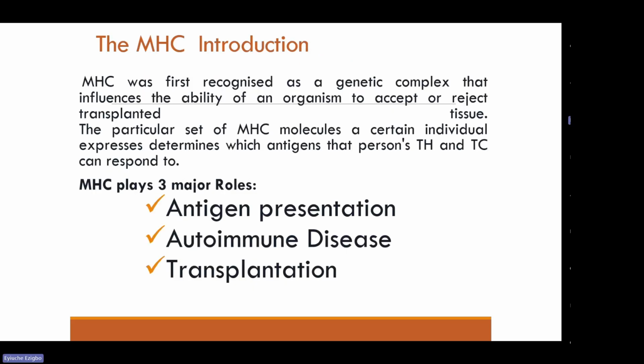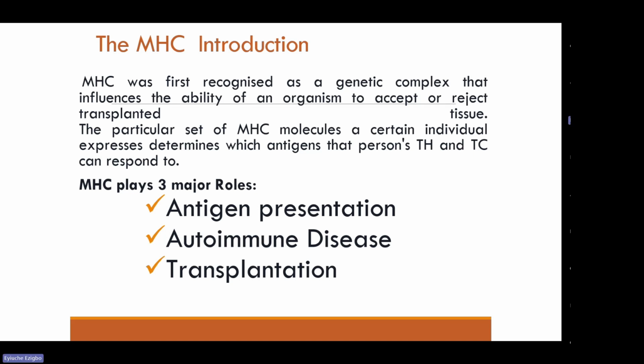So the MHC complex was recognized as a genetic complex that influences the ability of an organism to accept or reject transplanted tissue. The particular set of MHC molecules a certain individual expresses determines which antigens that person's T helper cells or T cytotoxic cells can respond to.